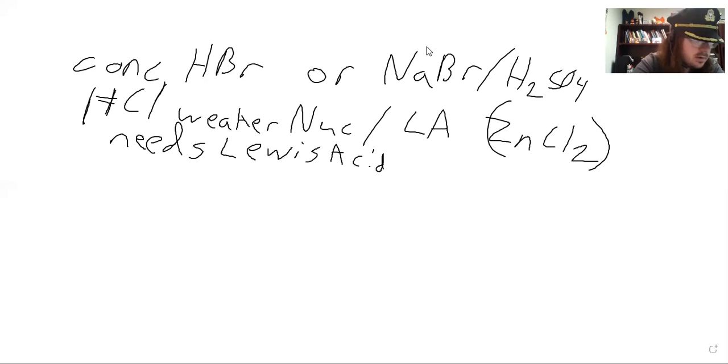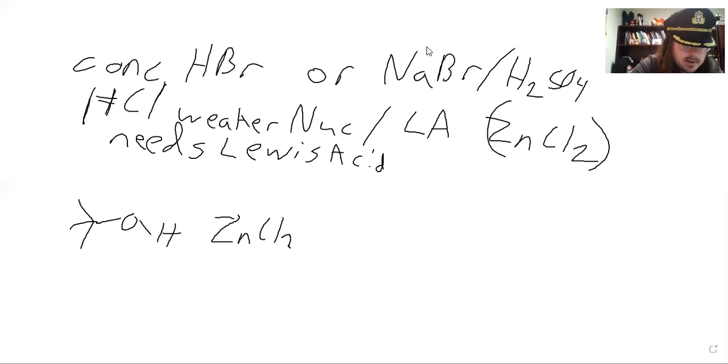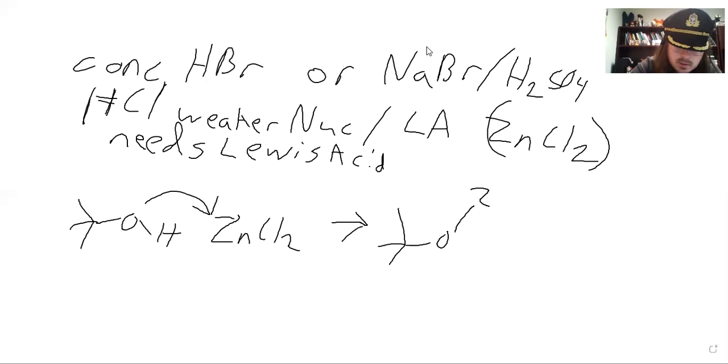So the reaction here is a little bit stranger. The OH first will attack the zinc. Zinc is going to provide a better electrophile than our proton in this case. So we have zinc chloride, which is better for handling this.